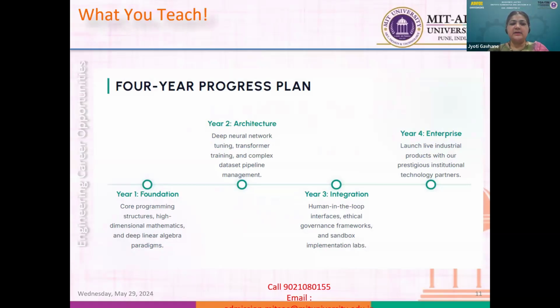First is foundation, which is very important. In that, the student learns core programming structure, some high-dimensional mathematics and deep linear algebra paradigms. Once the foundation is perfect, the second part is architecture. In the second year, the student learns deep neural networks, transformer training, and complex dataset pipelines.